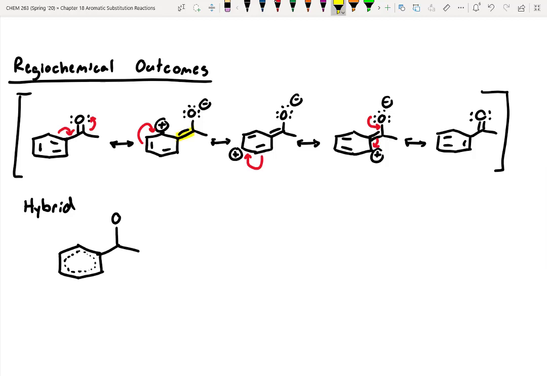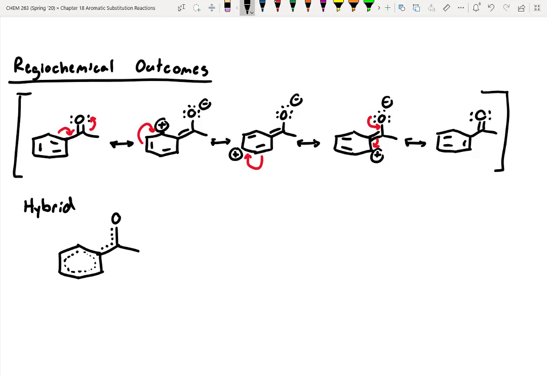We know that this bond that I've highlighted is sometimes double, sometimes single, so it's in between. So let's go ahead and draw that as a dash bond too. And then the carbon-oxygen bond sometimes is double, sometimes is single, so that's in between. So I'll draw that as a dash bond. And it looks like that's it.